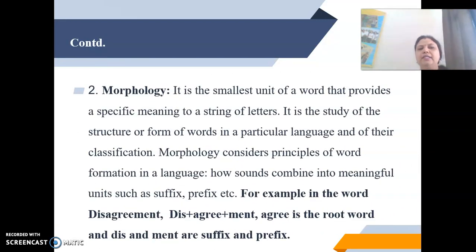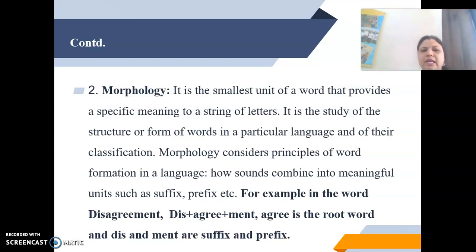Our second component is morphology. What is morphology? It is the smallest unit of a word that provides a specific meaning to a string of letters. Suppose I am writing, or saying, letters L, M, N, O, X, Y, Z and all.